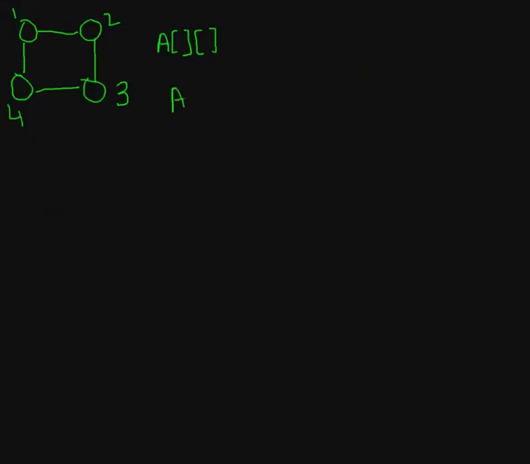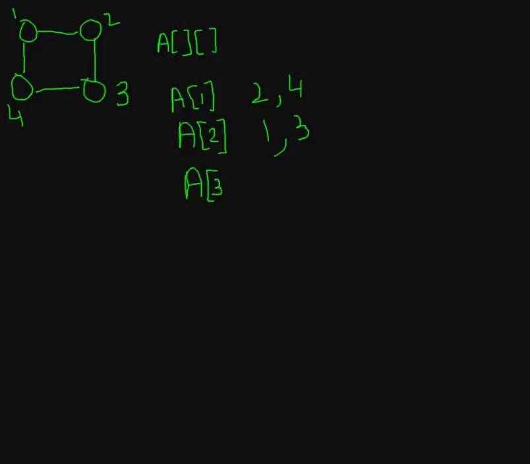So A at 1 is just the elements that node 1 is connected to. So this is 2 and 4. A at 2 is just the elements that node 2 is connected to. So that's going to be 3 and 1.